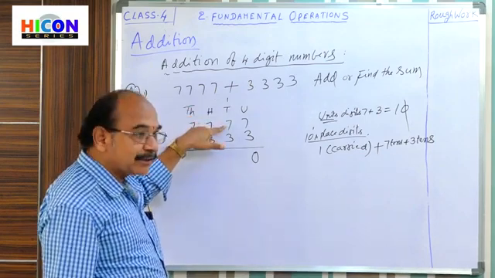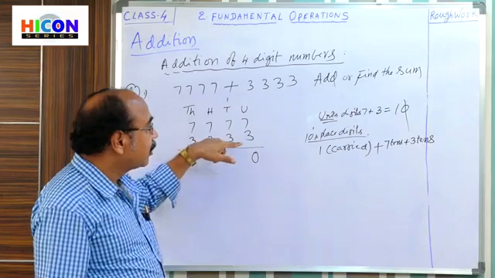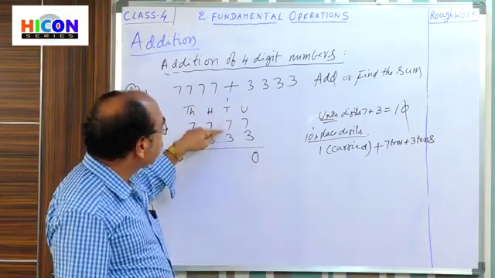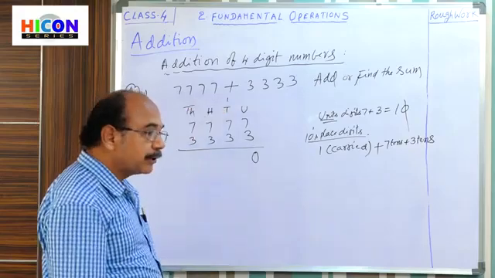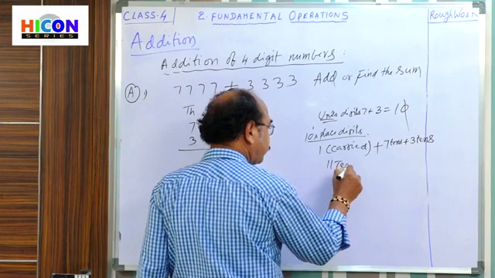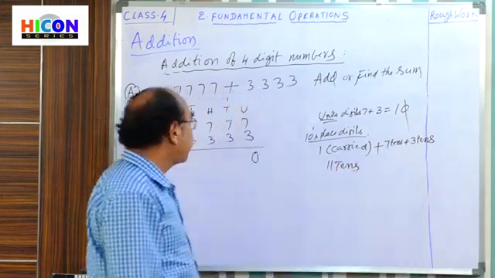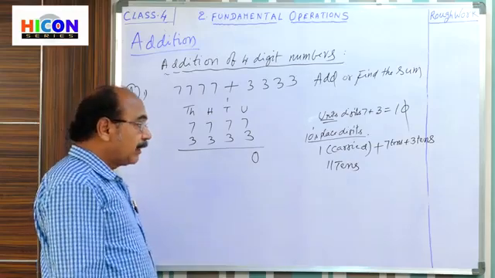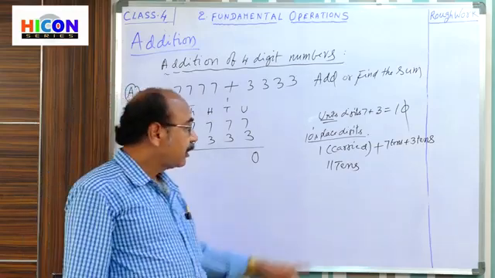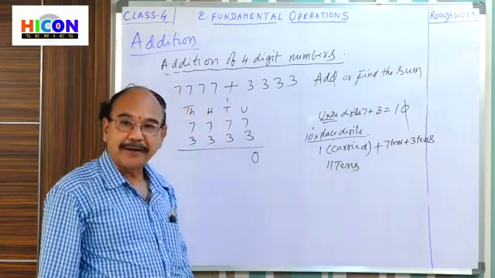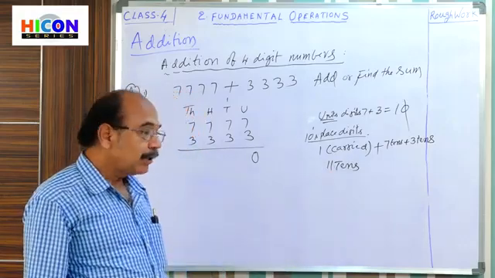Next here 7 tens are there, 3 tens are there. Totally how much here? 7 plus 3, 10, 10 plus 1, 11 tens. 11 tens means 10 plus 1. 10 tens make 100.